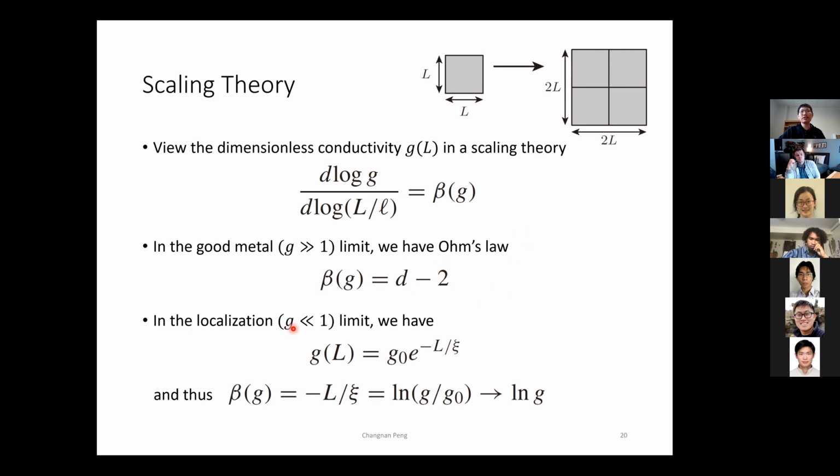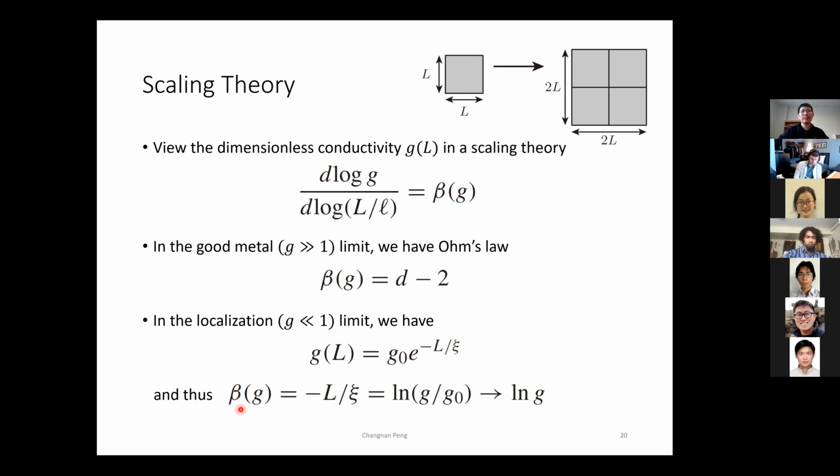And in the localization limit, when g is much smaller than 1, the dimensionless conductance scales as e to the minus L over psi, because the wave function in the localization limit has a decaying length scale of psi, and the overlap between two wave functions goes like e to the minus L over psi if these two sites have distance L between them.